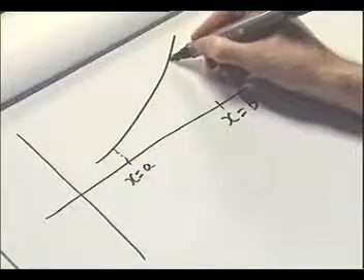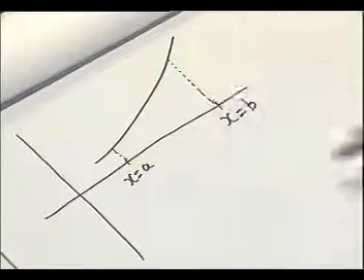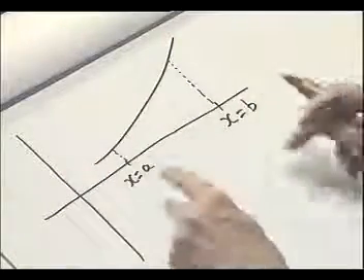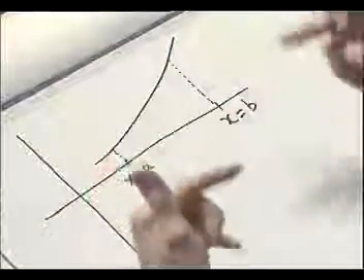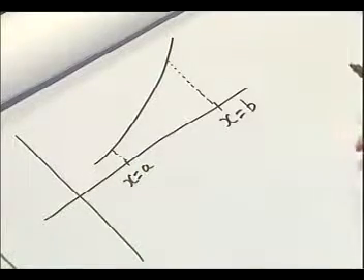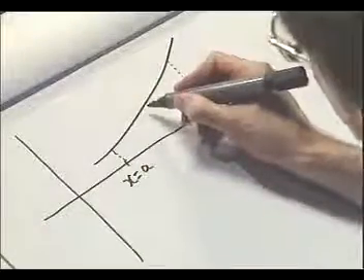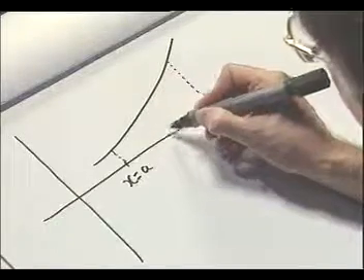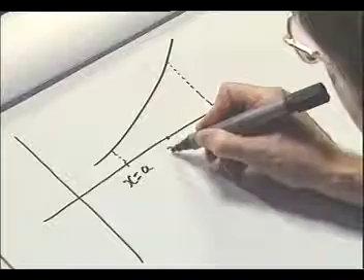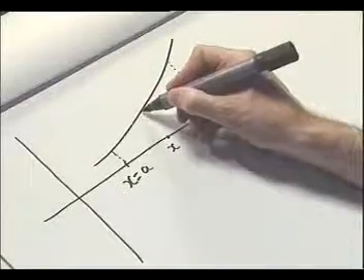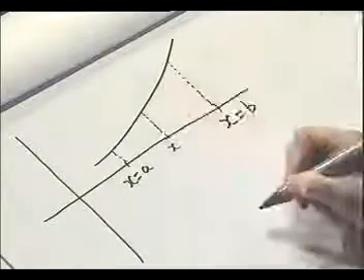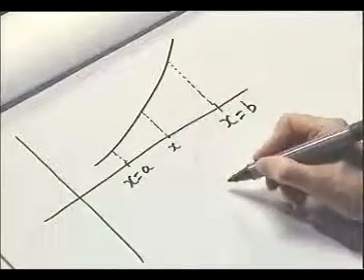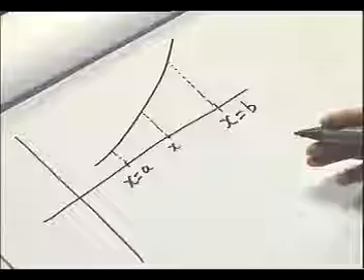We'll draw in the ordinates, and we'll say we're going to rotate this piece of curve between these two limits through 360 degrees. Now, let's have a look at what happens at a general point on the curve at x on the x-axis. Now, when we rotate that, this ordinate will come round and make a circle.